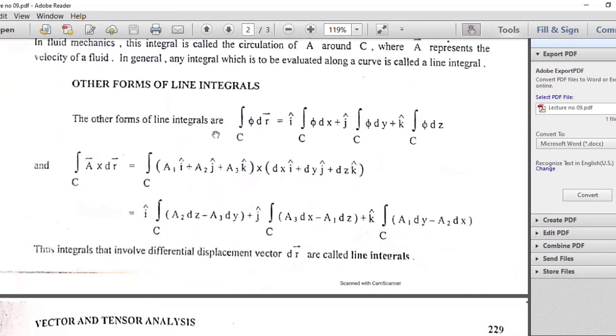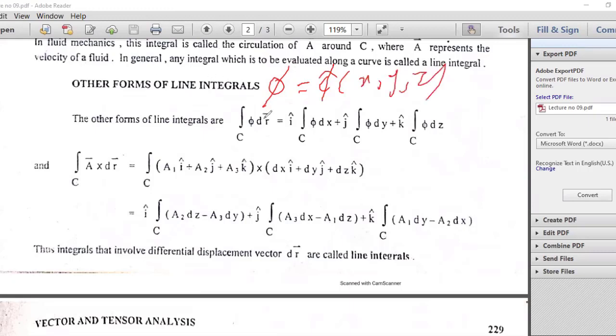Another form of the line integral is the integral of phi dr. Students, you already studied the meaning of phi. Phi is a scalar point function, phi of x, y, z.